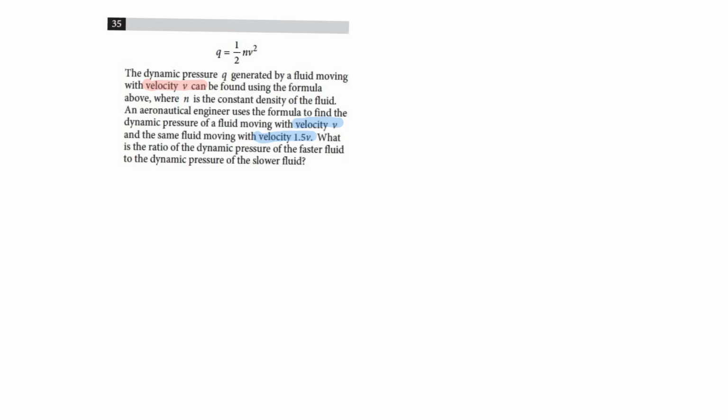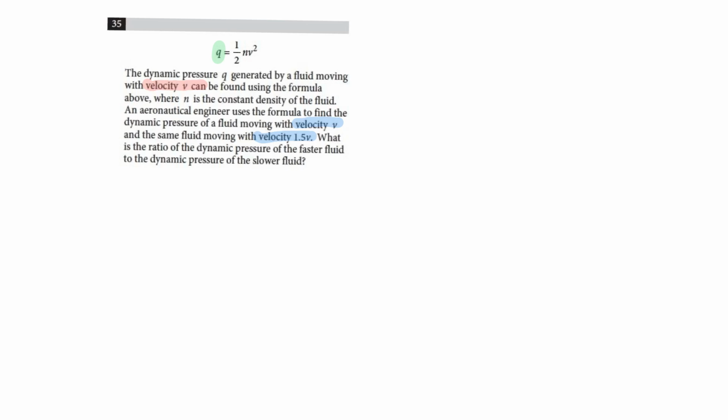Well, we are squaring v, and we want to know the ratio of the dynamic pressure. The dynamic pressure is Q. We want to know then Q of the slower velocity versus Q of the higher velocity.